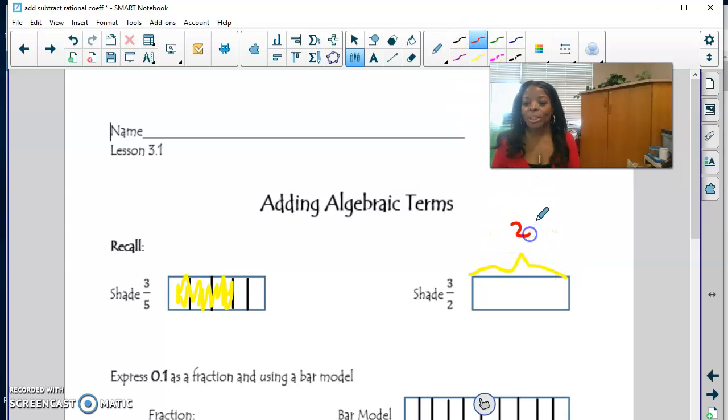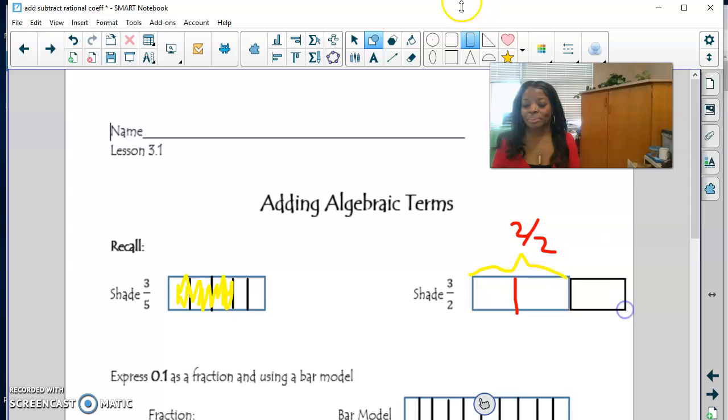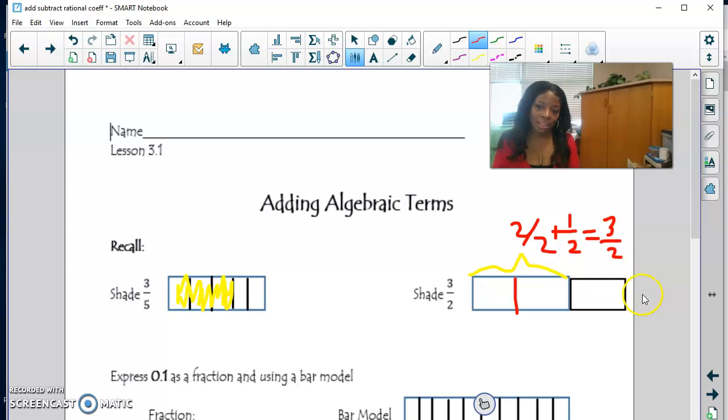If 1 whole is 2/2, and that's a half and a half, right? Does that give us 3 halves? No, we have to put an extension on our bar of another half, don't we? Okay, so that means 2/2 plus 1/2 equals what? 3 halves. Let's say halves like we would say thirds.